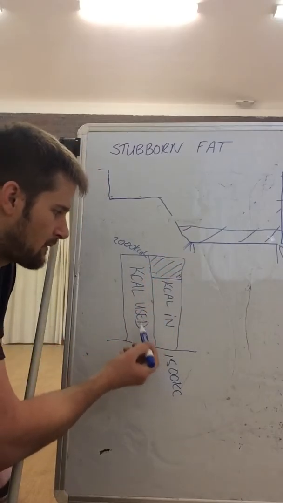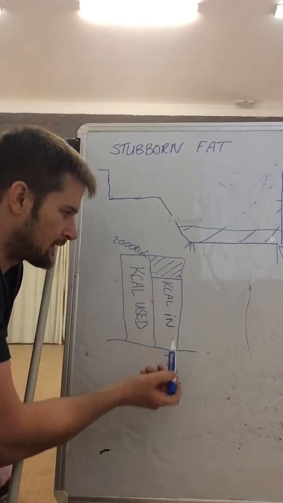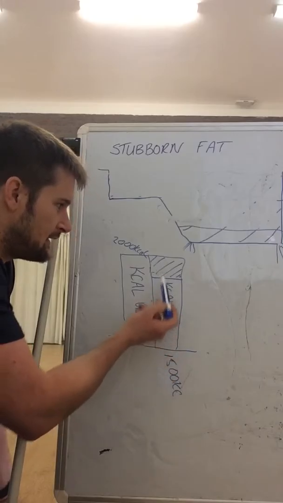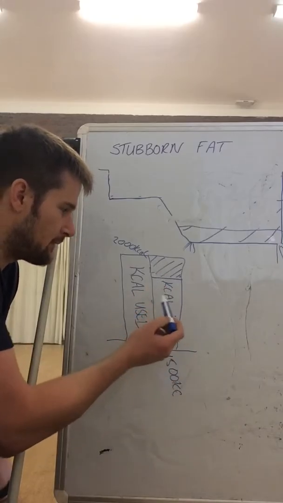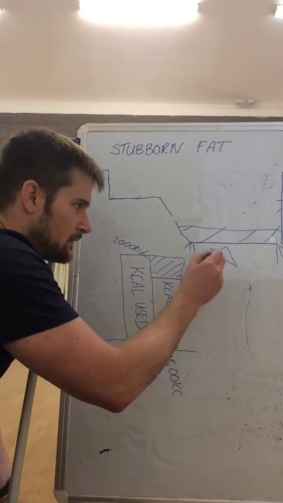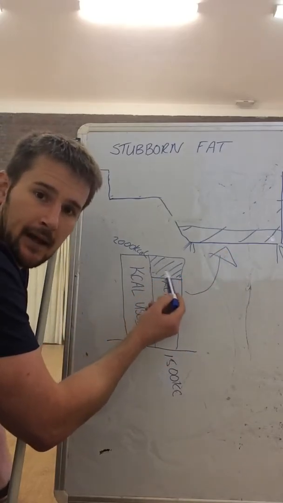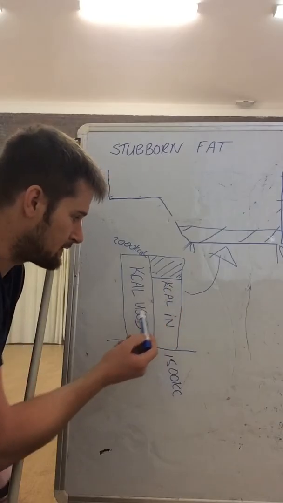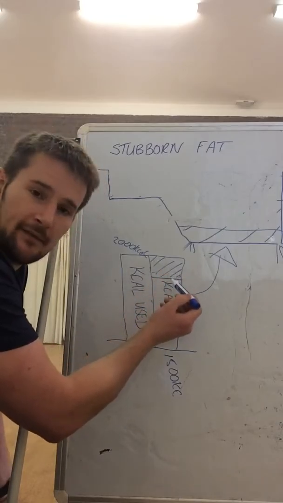Because my body's used that extra energy and it's not getting its energy needs from the food that's going into the body, it has to go to the fat stores to make up that energy that it hasn't had through food. Okay, so that's your calorie deficit.